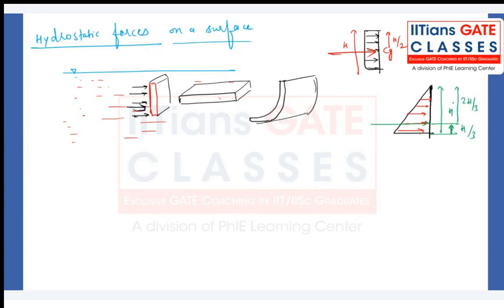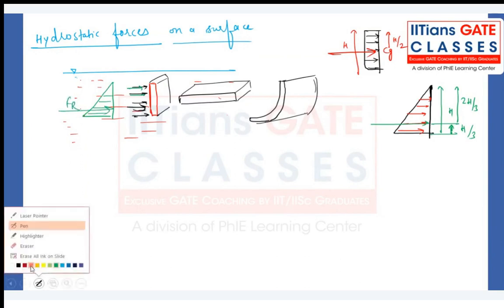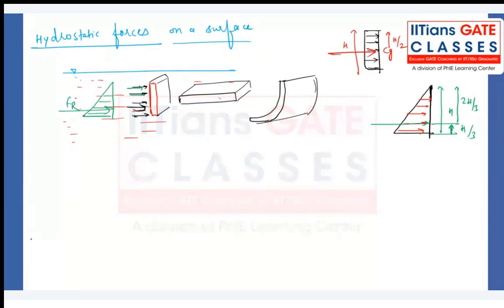In a very similar fashion, we will see where exactly it is going to be acting, and what the formula for hydrostatic force is. So for all this pressure force, whatever variations we have drawn like this, the resultant force will be acting something like this. The resultant hydrostatic force of all the pressure forces acting throughout the length of the object will be what? Let's discuss the formula.